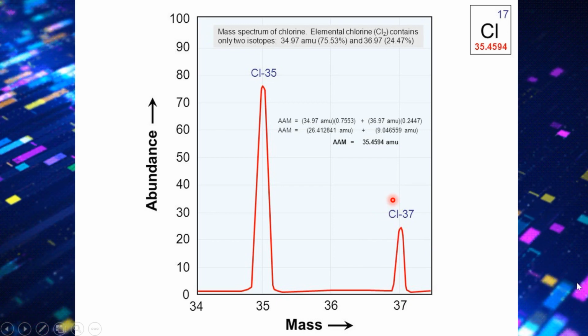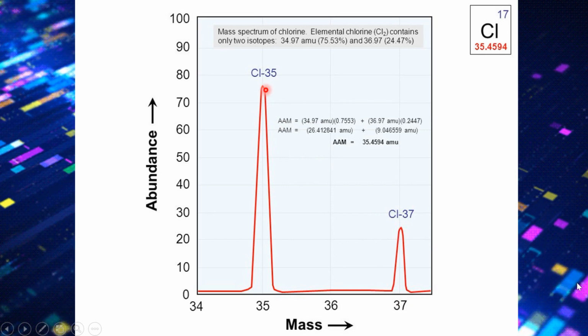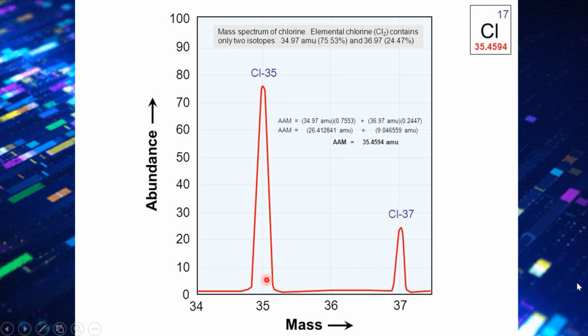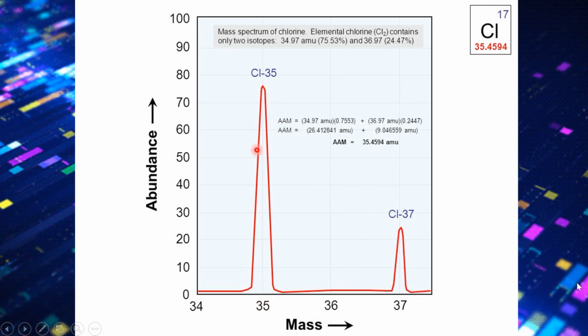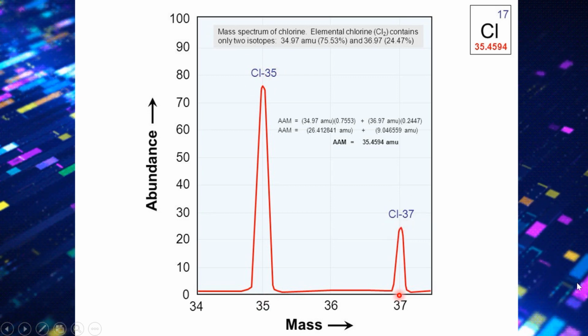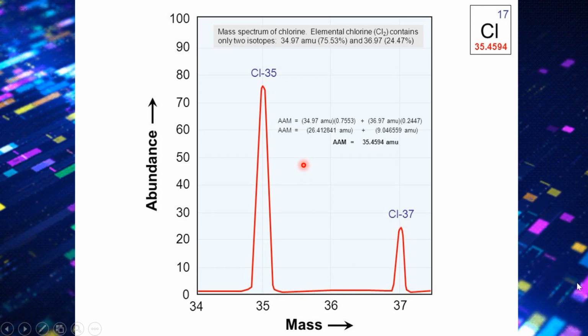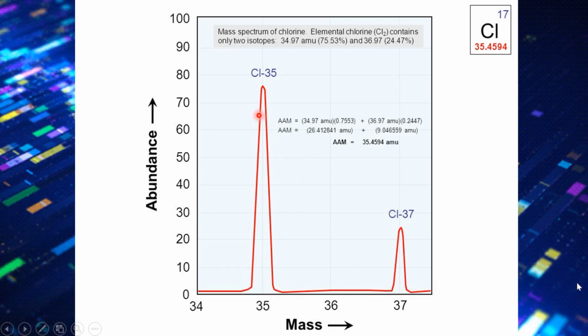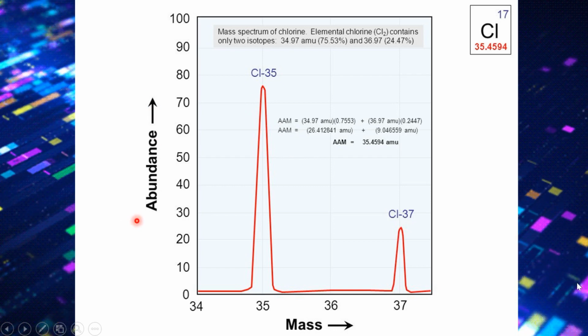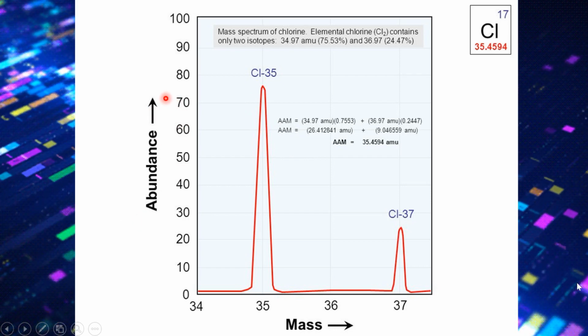We can label these two isotopes by referring to the mass to charge ratio. So we label them as chlorine 35 and chlorine 37. Next information is about its abundance. Abundance here means how many percent the chlorine exists naturally.